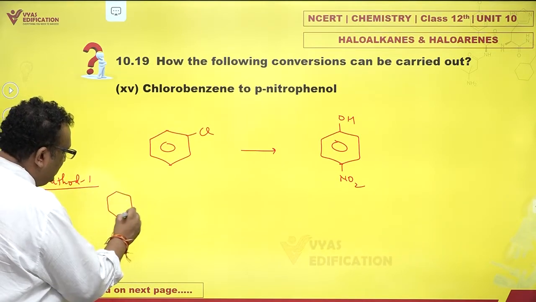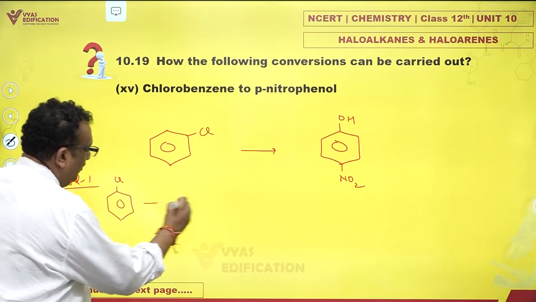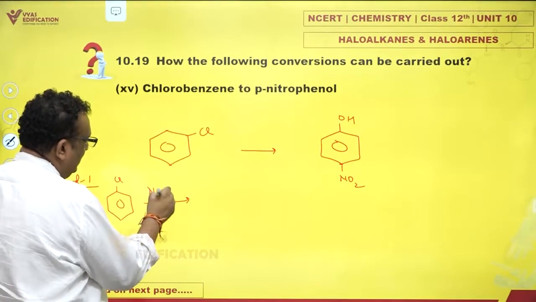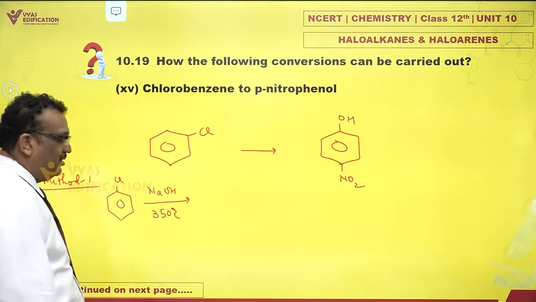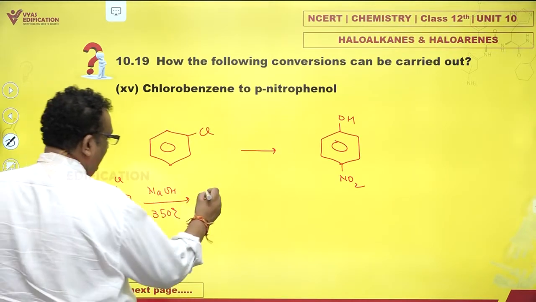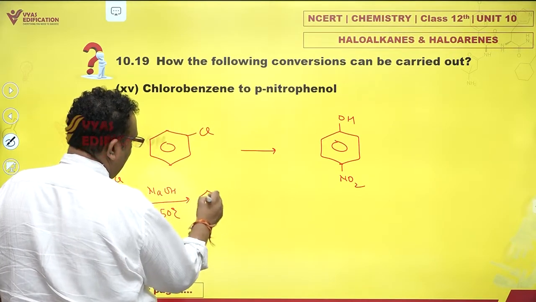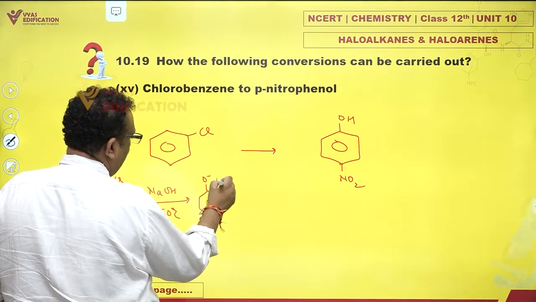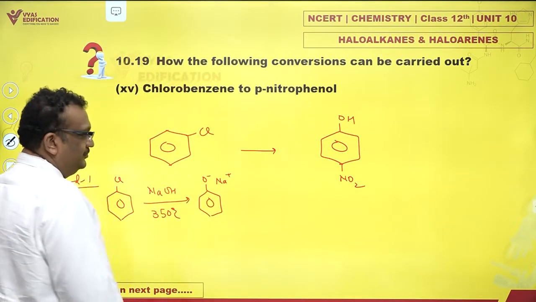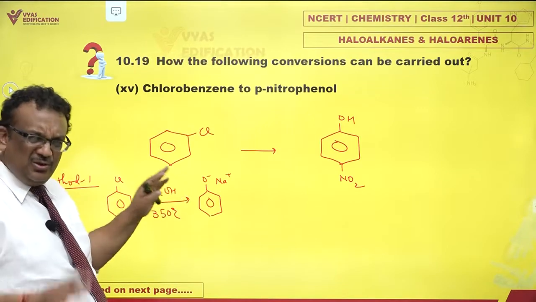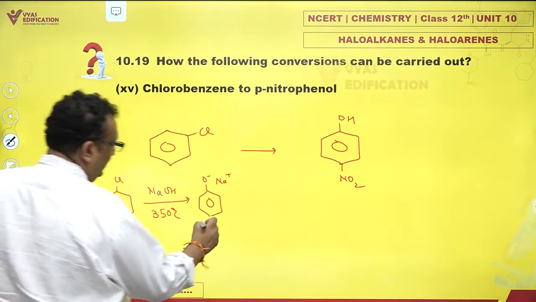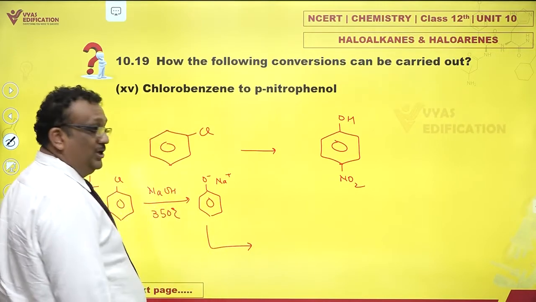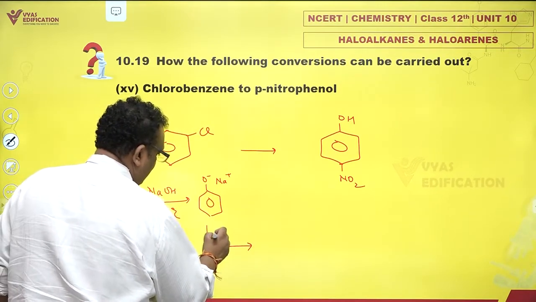We have chlorobenzene. By Dow's process, we use NaOH, 350 degrees Celsius, high pressure, and we get phenoxide ion like this, which is okay. Now you just cool it down, add acid, you get phenol. And this you can use for nitration.